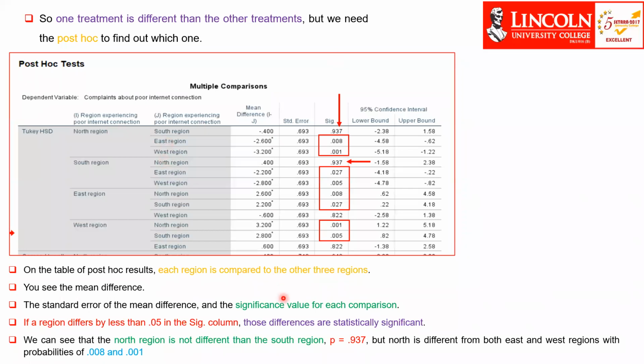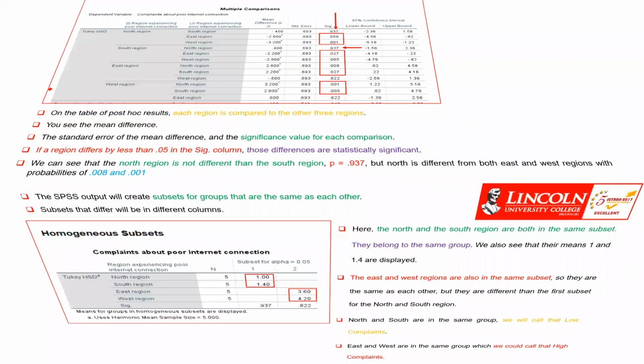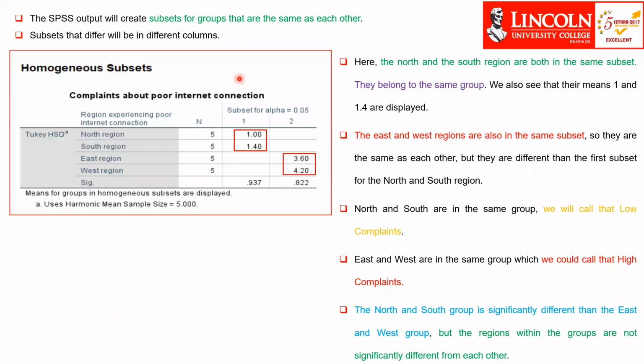Let's further discuss this. The SPSS output will create subsets for groups that are the same as each other. Subsets that differ will be in different columns. If you look at the homogeneous subsets, this is also one of the output tables you will see when you run the test.